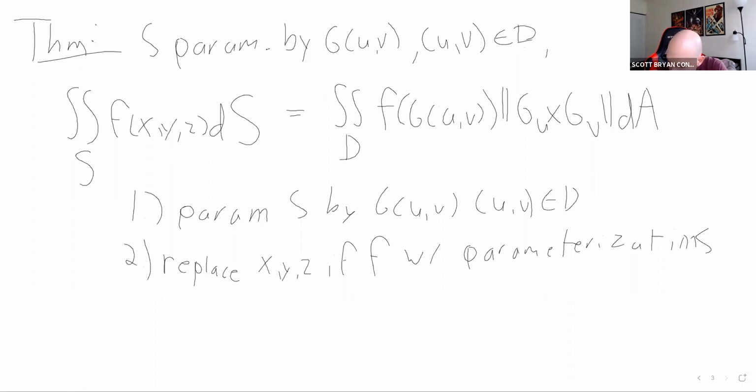So this is the exact same process as for line integrals, except that dS we replace with the magnitude of G_u cross G_v dA.